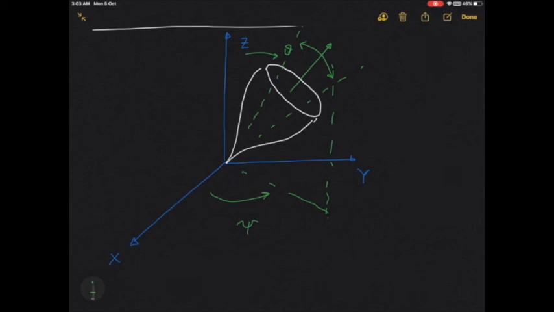This was psi, so there will be rotation in psi. And then there is a spin which is given by phi. If I look at the tip of this top, that will make a full circle in psi.